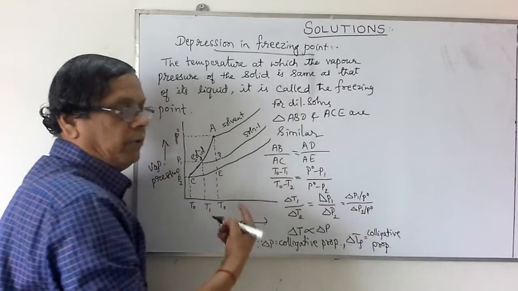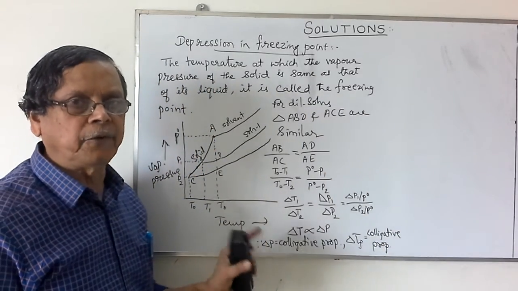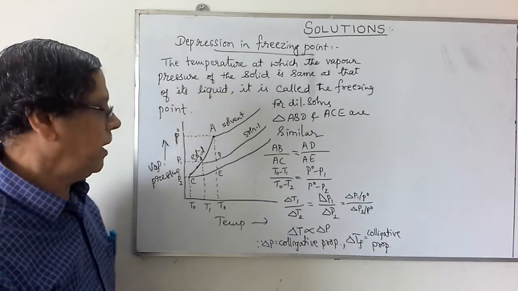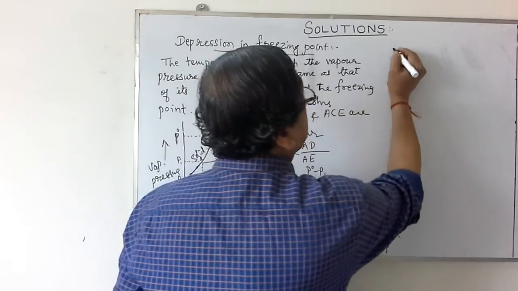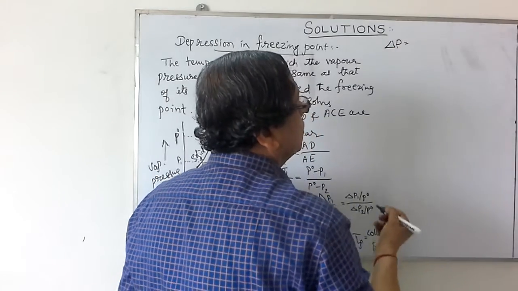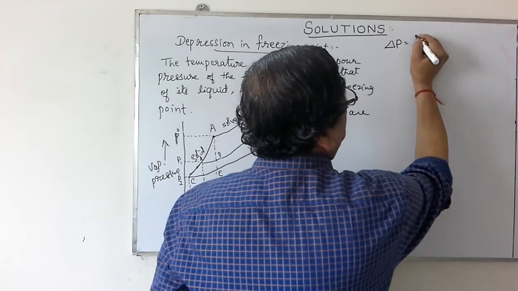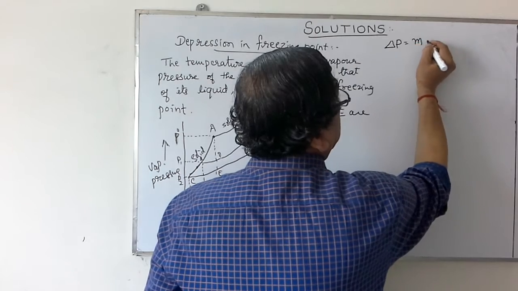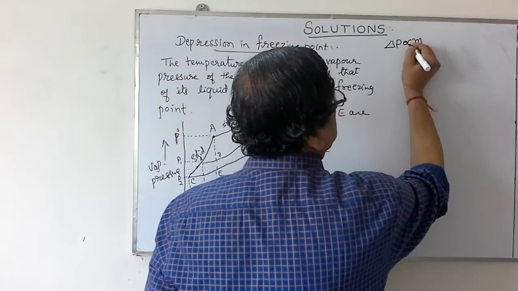But our aim is to derive the expression for the molecular mass. That's why we should consider this relative lowering of vapor pressure delta P is directly proportional to molality.